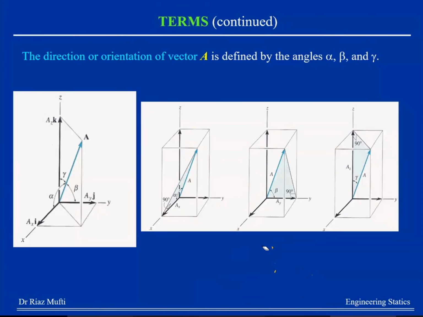In 3D, look, I'm looking for this alpha. Alpha is the angle the vector makes with the x-axis. So it is a bit difficult, so let me do Z. Z is easy to see. I want to find out this angle, gamma angle here, and this gamma angle is basically between your A and Z axis.